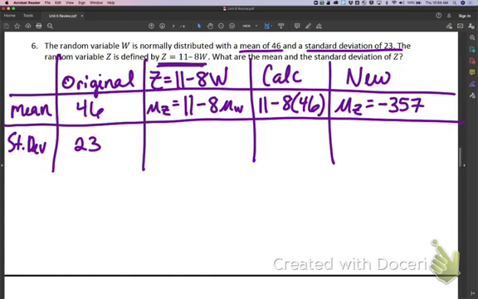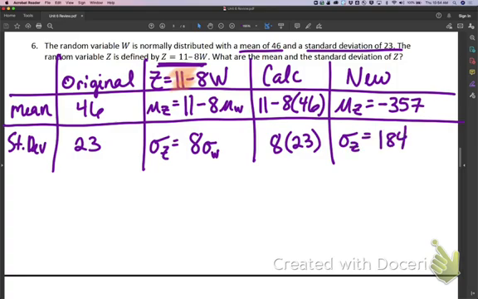Now, the standard deviation of Z is going to equal, now, if I do addition or subtraction, which is what's happening right here, that does not affect the standard deviation. So all I have to do for the standard deviation is do 8 times the original standard deviation of W. So I just have to take 8 and multiply by 23, and my new standard deviation is 184.